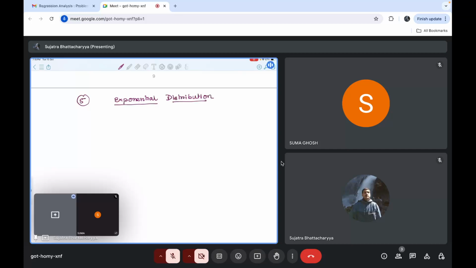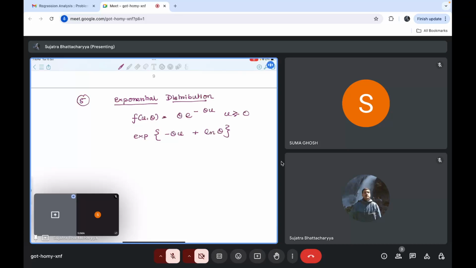The exponential distribution, as the name suggests, should belong to the exponential family of distribution for sure. But let us still write it. This is f of u comma theta equals theta e to the power minus theta u, where u is greater than or equal to 0. So easily we can write the exponential of minus theta u, and plus log of theta.